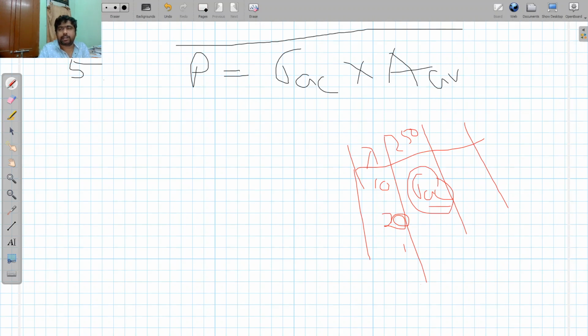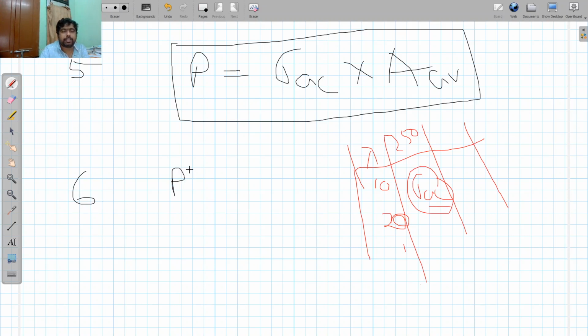So this is the load carrying capacity of this section. Now, what to do? Check whether this P value is greater than or equal to P design.